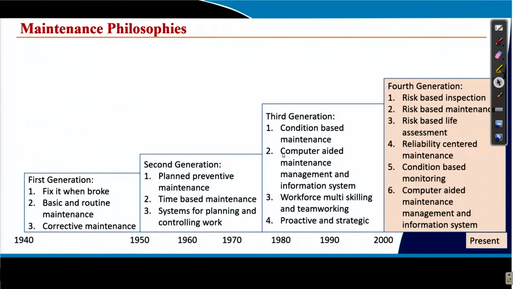In the third generation, the additional part is condition based maintenance. The second generation, time based maintenance, may be based on failure history for maintenance planning. But with condition based maintenance, we bring proactiveness into the maintenance philosophies.